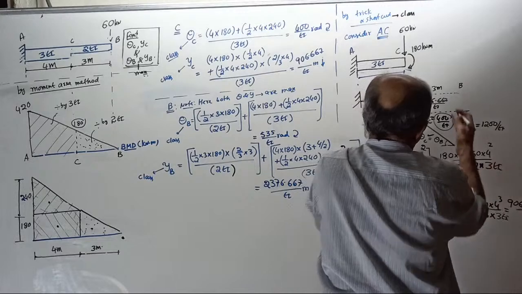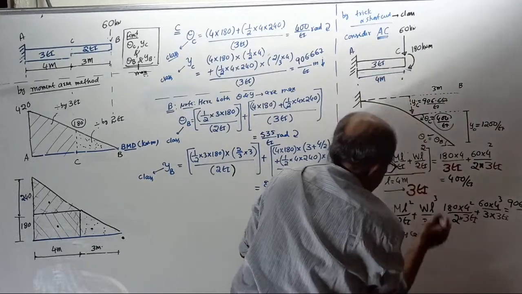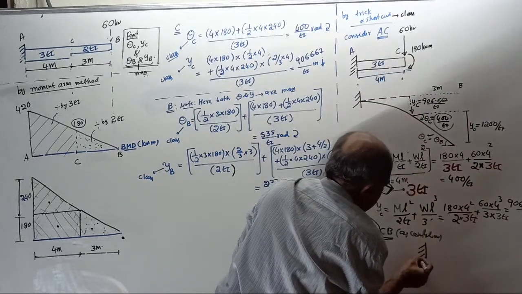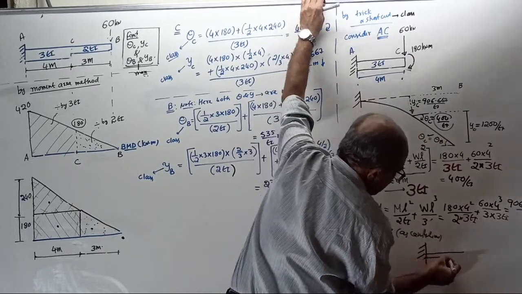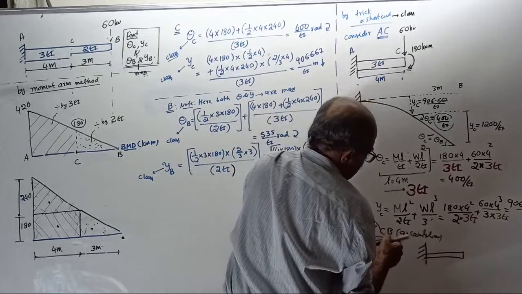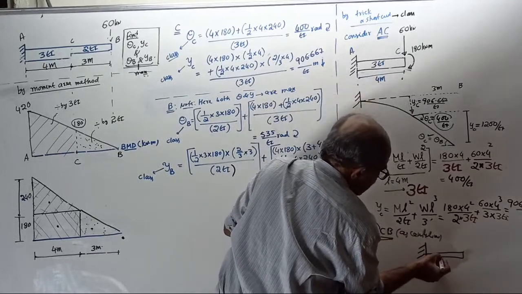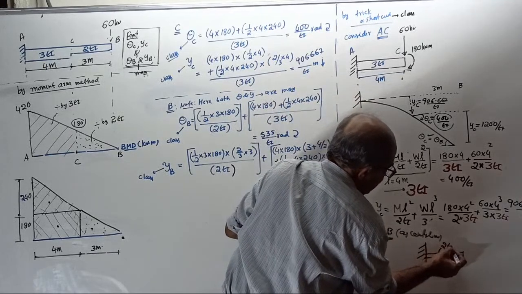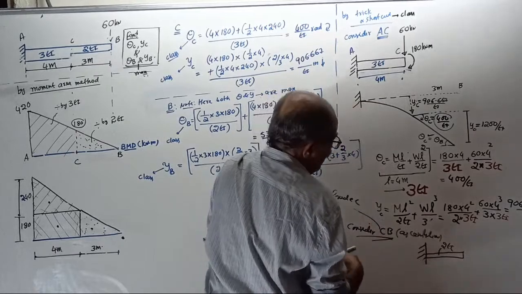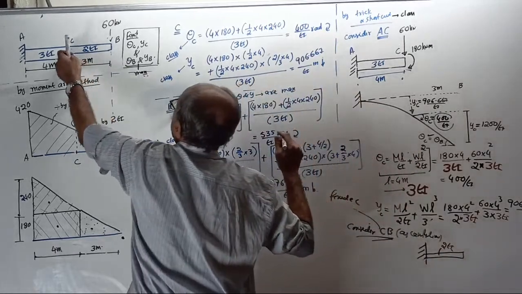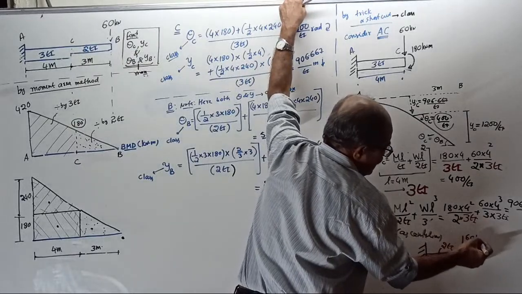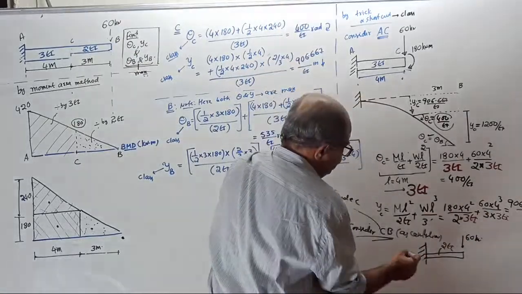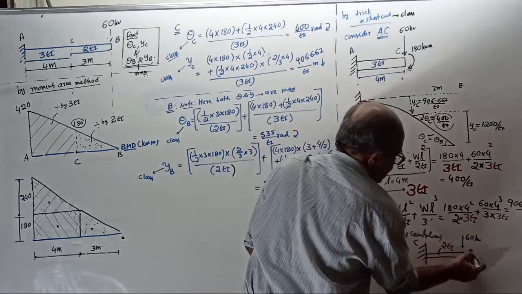So if it is C here, this is the cantilever. That cantilever has, remember, 2 EI. Be careful. If I consider this one, there is only a point load of 60 kilonewton. Now this is your C and this is your B.